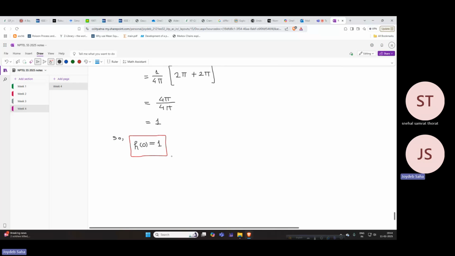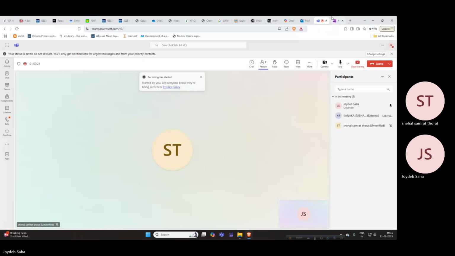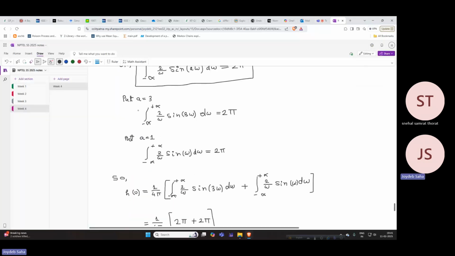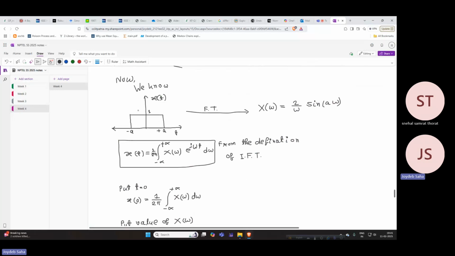Is it clear till now? Take 2-3 minutes and try to understand what we have done till now, how we have achieved this answer.